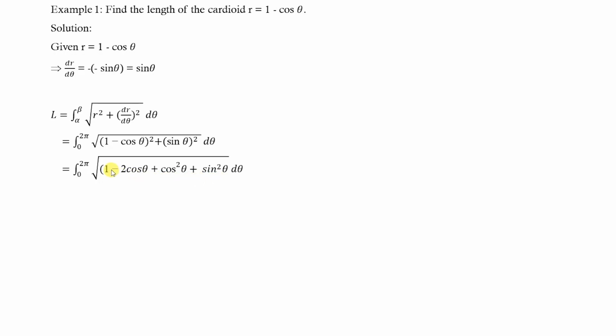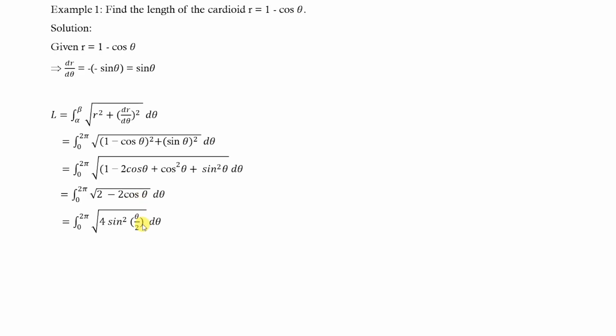So 1 plus 1 is 2, and we get 2 minus 2 cos theta. Taking 2 common, we get 2 into (1 minus cos theta).